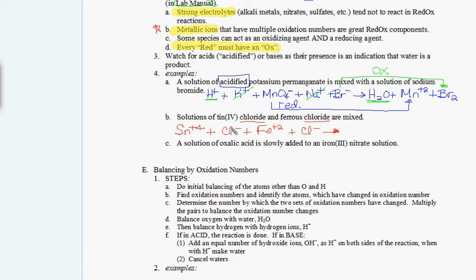If the chloride ion had been doing work, it would have already done the work with the tin or the iron. So you can already tell that it falls into our strong electrolyte category and will be a spectator, and we can get rid of it right now. If you're not comfortable getting rid of it right now, we can do it later, but I'm already crossing it out, so there you go.